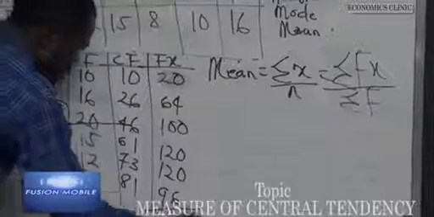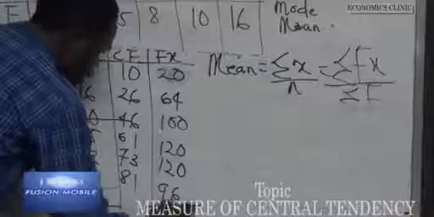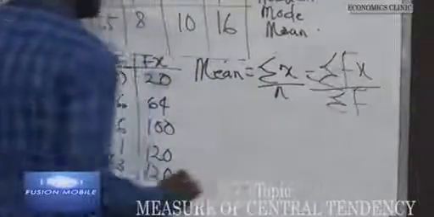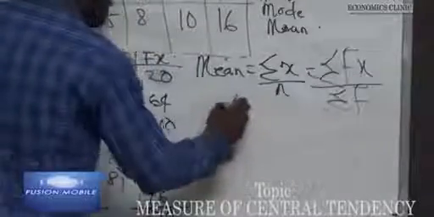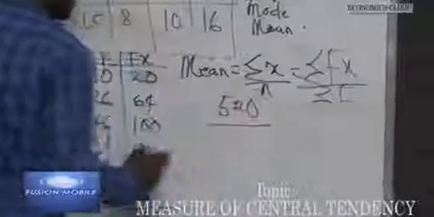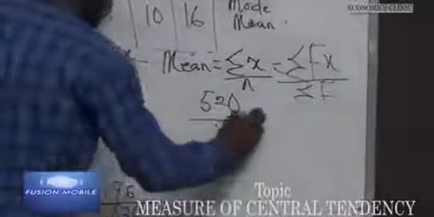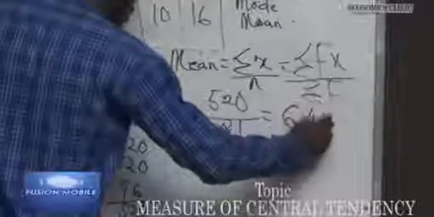So we add this together, we have 520. Going back to the formula, summation fx divided by summation f, we have the value of summation fx to be 520 divided by summation f, which is 81. So we have the answer to be 6.41.